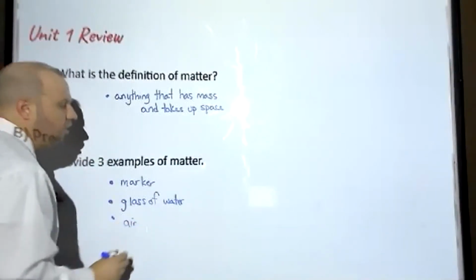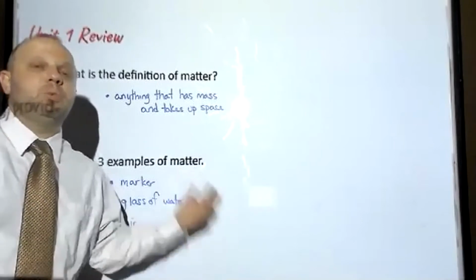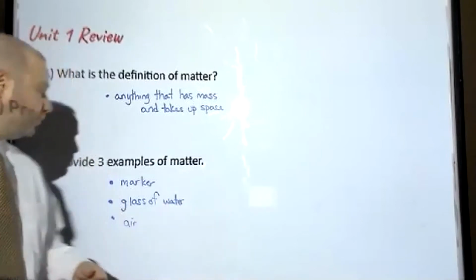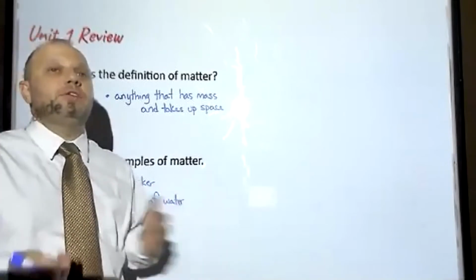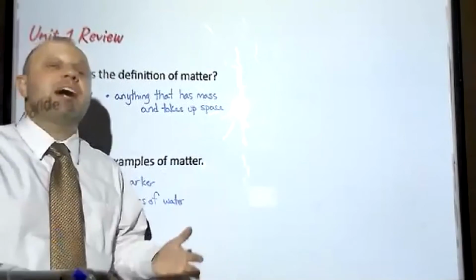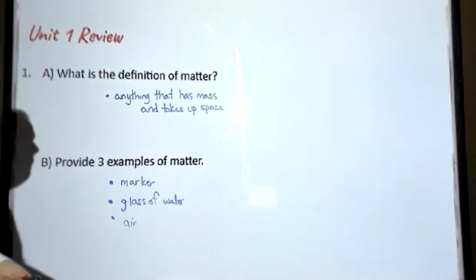All of these are examples of matter. I picked these 3 examples on purpose because I picked one example that was a solid, one that was a liquid, and one that was a gas. That was just to illustrate that not all matter is one type of material. It could be a solid, it could be a liquid, or it could be a gas.